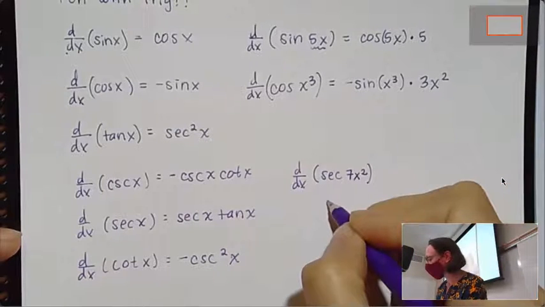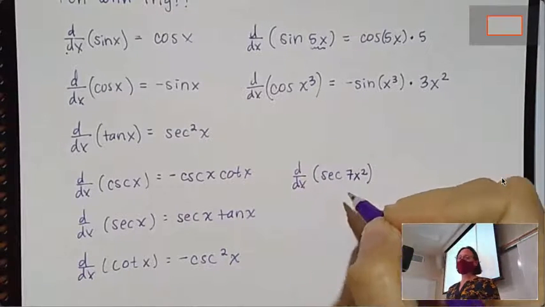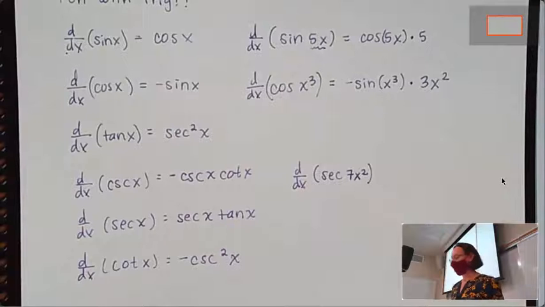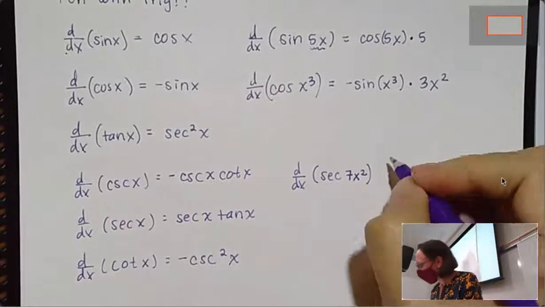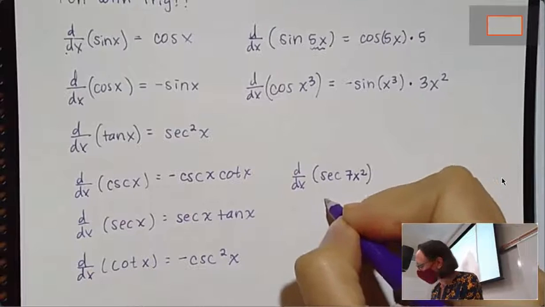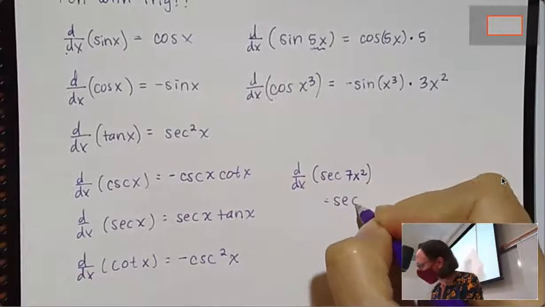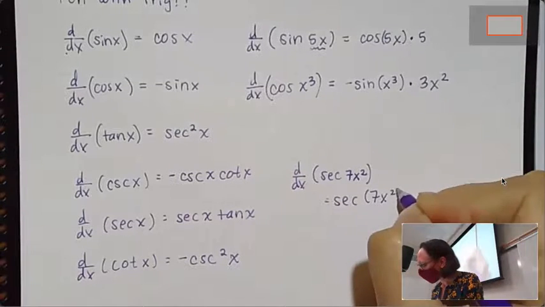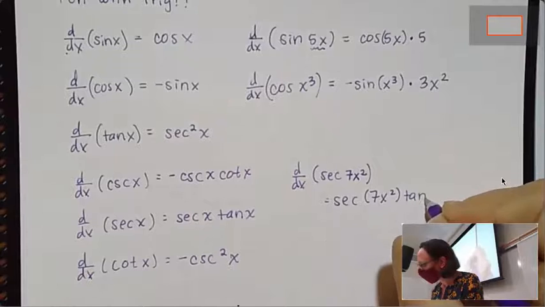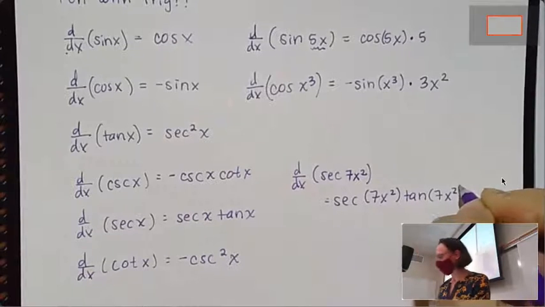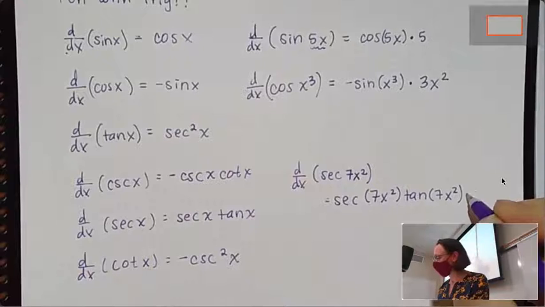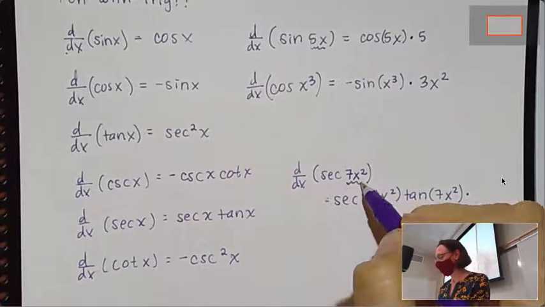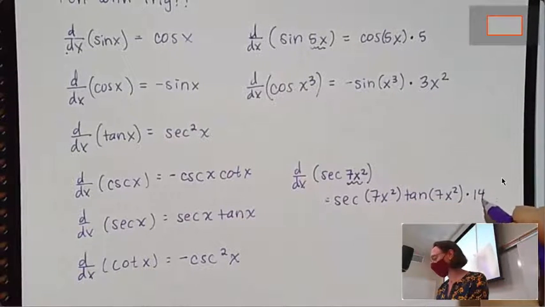I know the derivative of secant of something is secant of the thing times tangent of the thing. And the thing to be careful about here is calculus can't change what's inside. So we're still going to have that 7x squared inside of both. And then we'll have the chain rule part that says, what's the derivative of 7x squared? 14x.